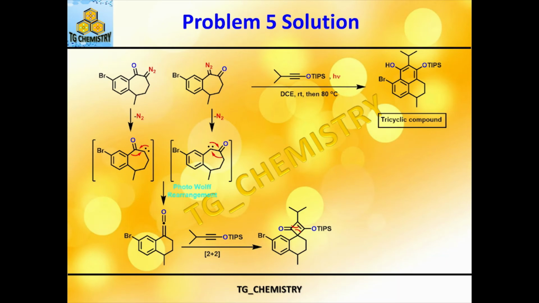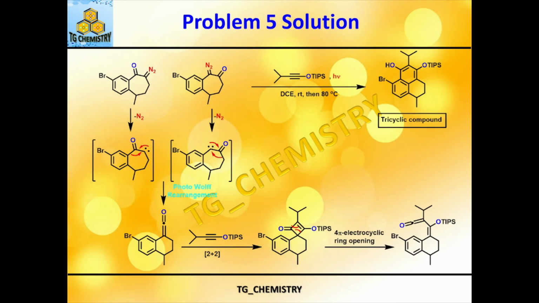Because this four-membered enone ring structure is quite strained, it will further undergo 4-pi electrocyclic ring opening, and we will get a rearranged ketene again.